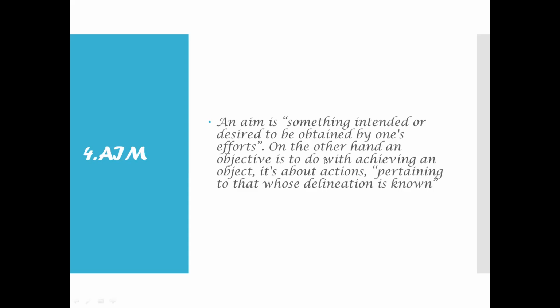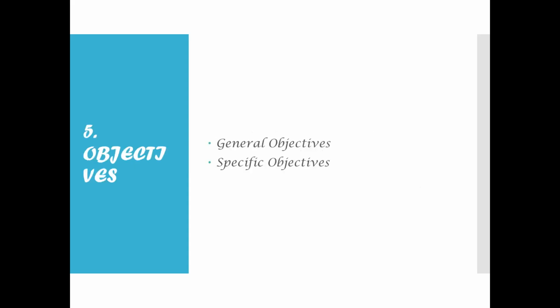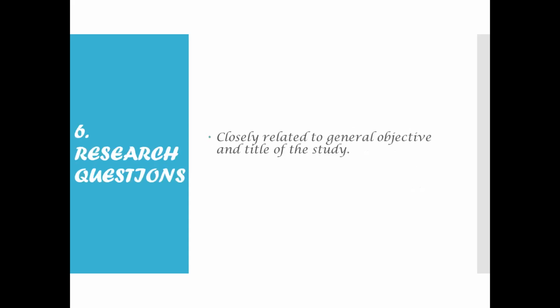And then objective is basically achieving an object. It's about action, okay? So under objectives, we've got general objectives and specific objectives. Then research questions are closely related to general objectives and the title of the study.